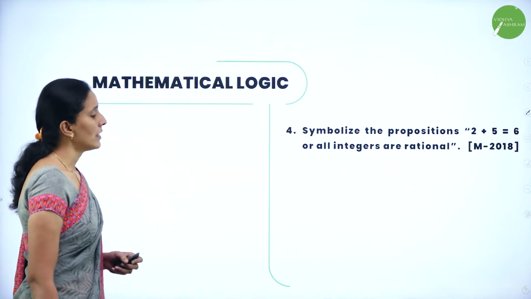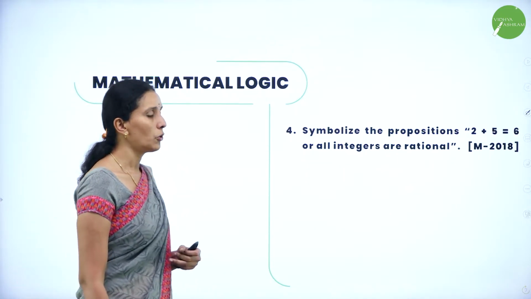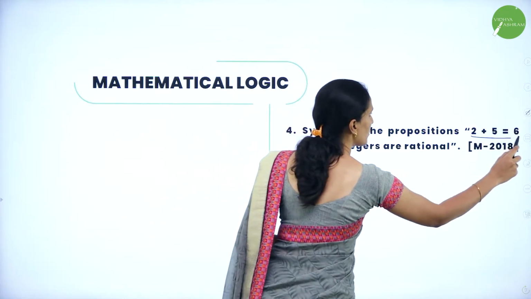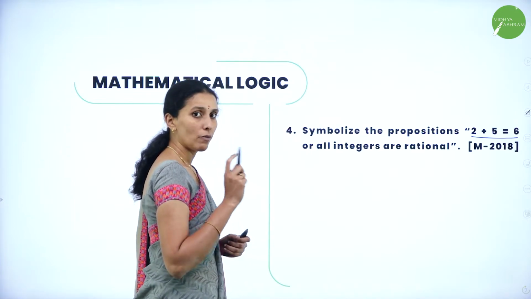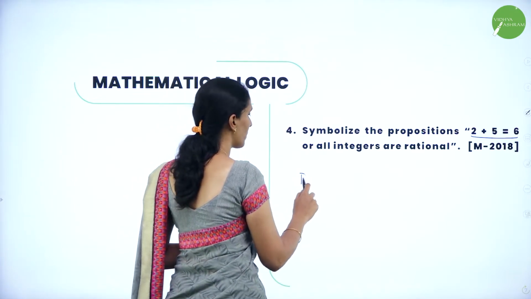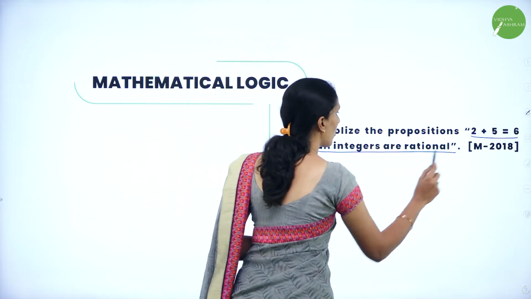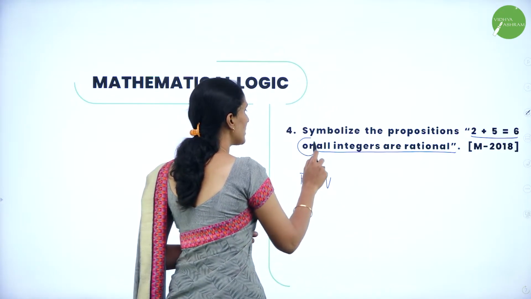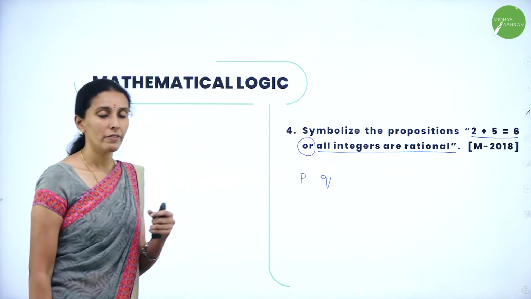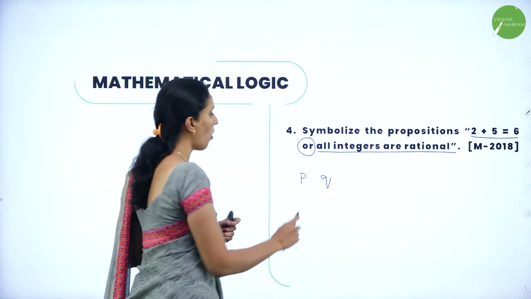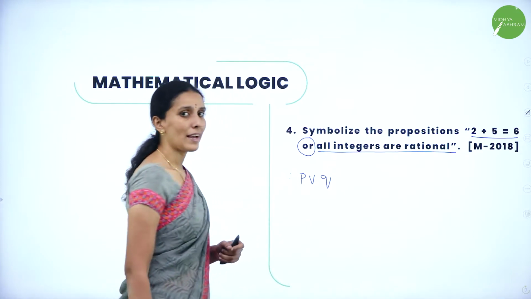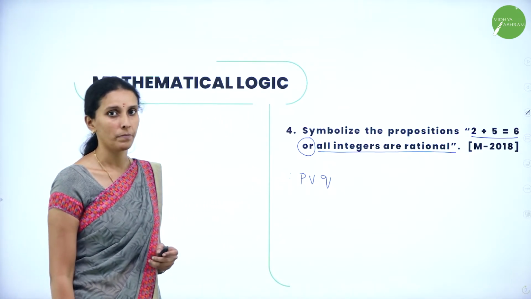Next, symbolize the proposition 2 plus 5 is equal to 6. So take 2 plus 5 is equal to 6 as one statement, that is P. Next, all integers are rational, take it as Q. What is the connective we have used? Here we have an OR. So therefore OR we symbolically write it like this. So this is how we symbolize the given proposition.